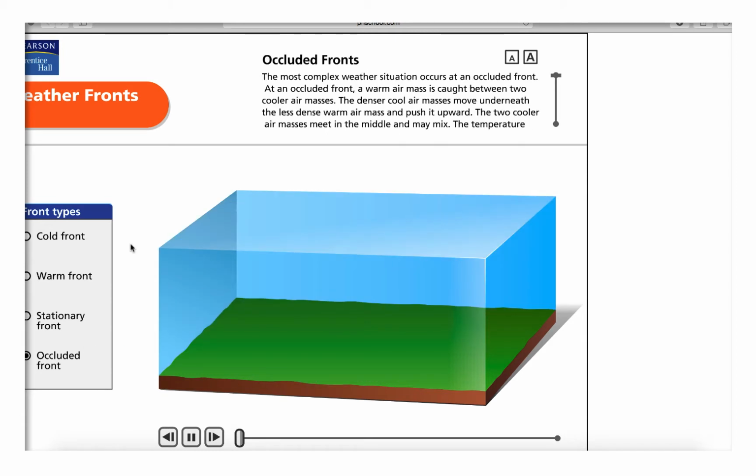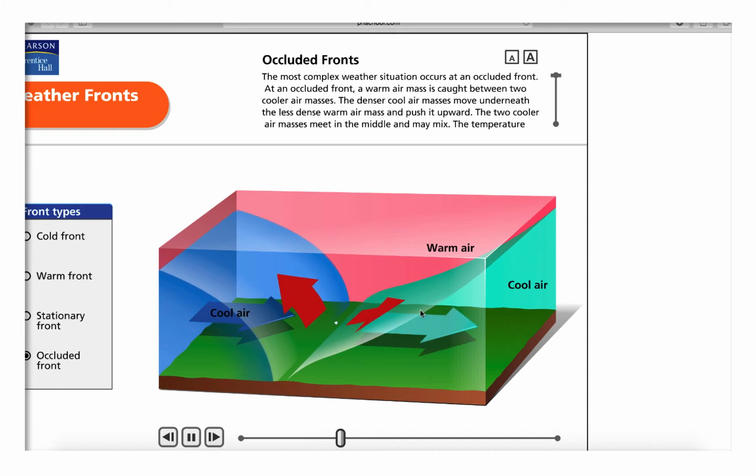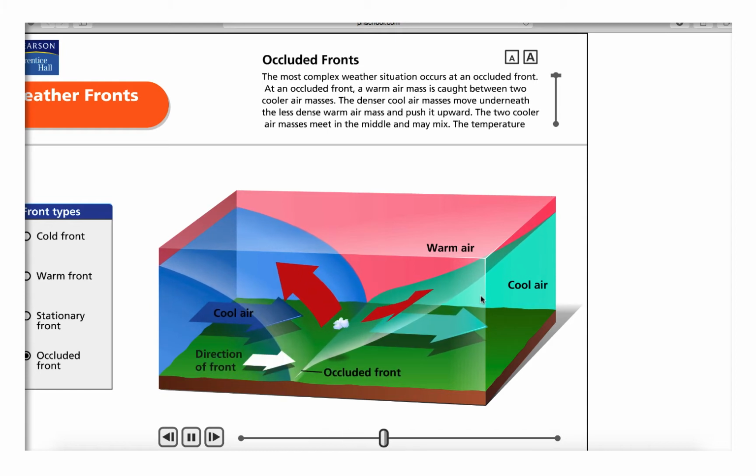Now, occluded fronts are essentially where a cold air mass or a cold front, the boundary between a cold and warm air mass, is moving fast and it actually catches up to an existing warm front. So that's called an occlusion when that happens. And they're going to show this here. The cold front's advancing to the right. The warm front's kind of stationary in here, moving quite slowly.